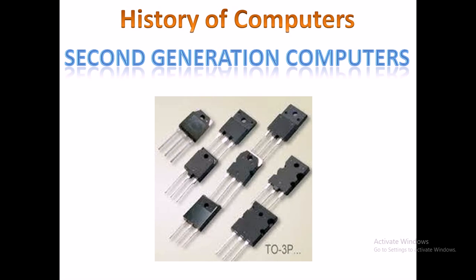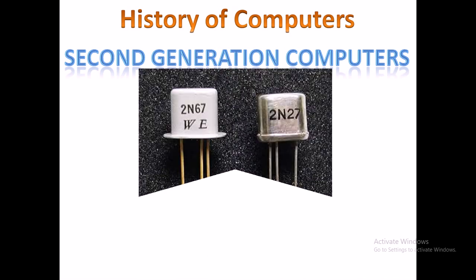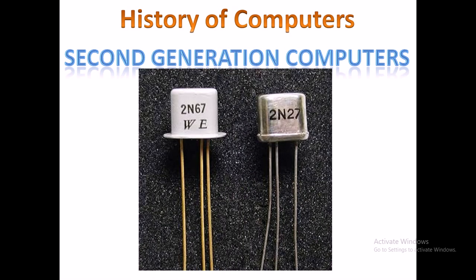The first transistor computer was created in 1953. This generation increased the speed of the computer. The second generation transistors looked like the pictures on the screen.